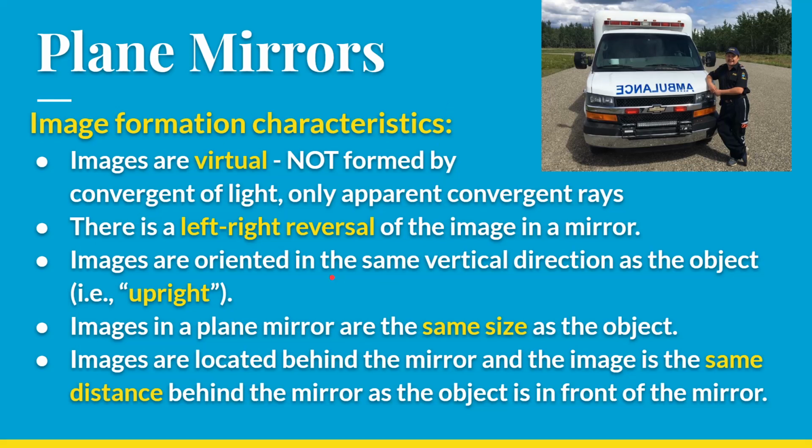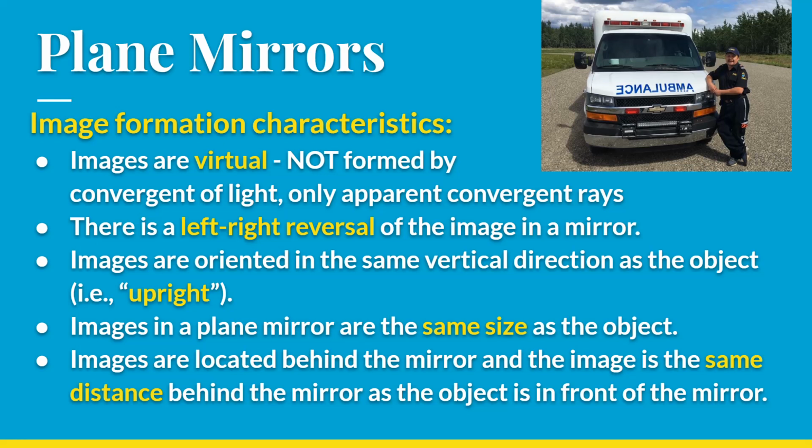Images are oriented in the same vertical direction as the object, so it doesn't flip them vertically, it only flips them side to side, which you know because you're not upside down in the mirror. Images in a plane mirror are the same size as the object. When you're looking at yourself in the mirror, your reflection is the same size as you, and it appears to be the same distance behind the glass as you are in front of the glass.